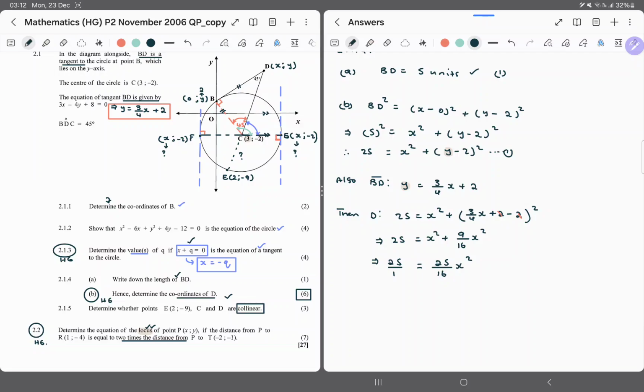So what are we going to do? Well, we are going to do what we do best. Remember, when we divide by this, we multiply by it flipped. So x squared is going to be equal to 16. Then we take the square root.